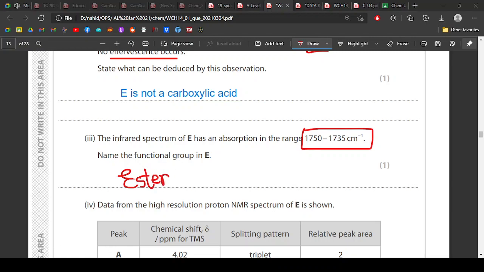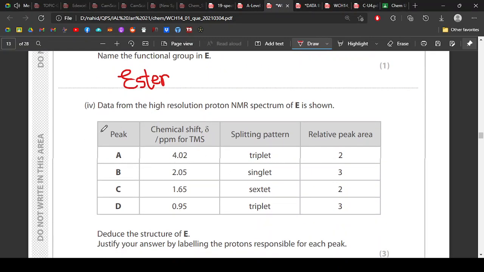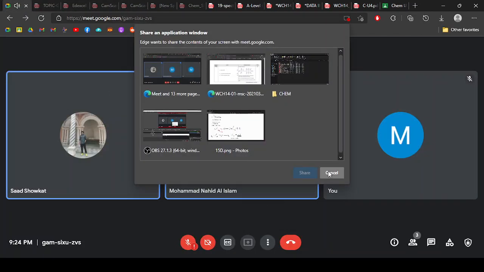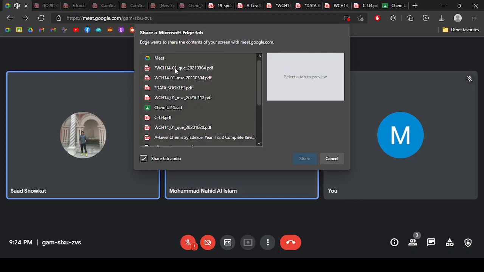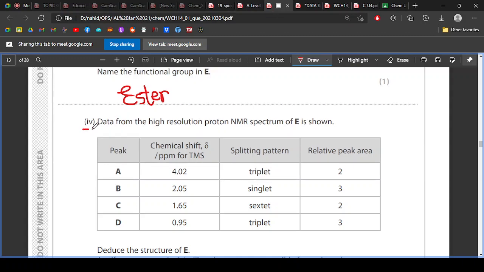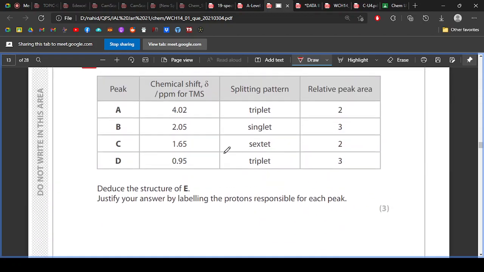Okay. All right. So after this, you come to part four, and this is the question that I actually wanted to discuss. Oh, sorry, I closed screen sharing. So the next part, this is the part that I actually wanted to discuss because this is NMR.